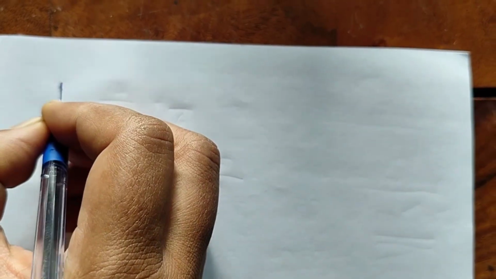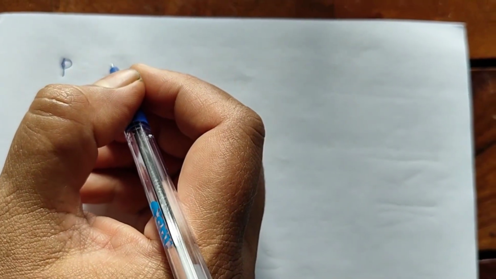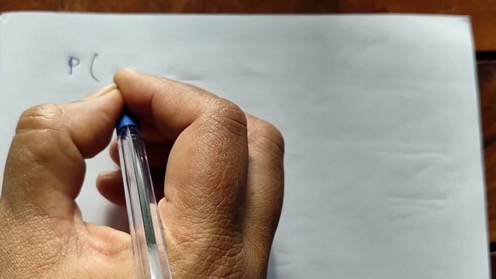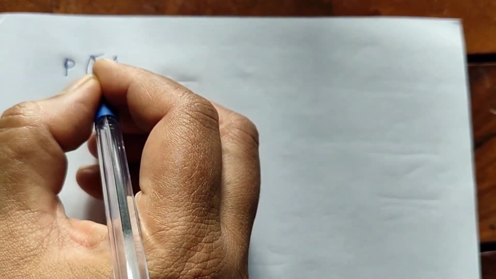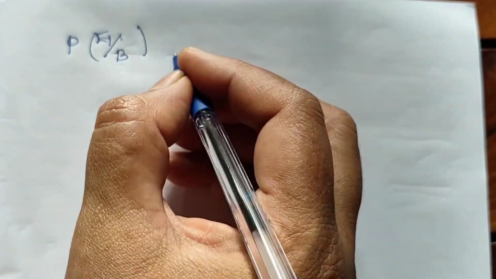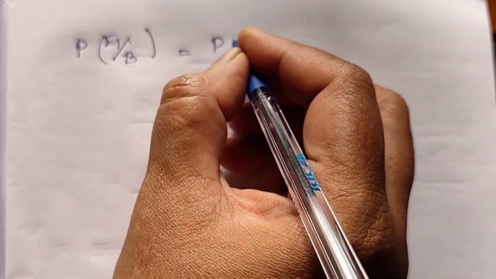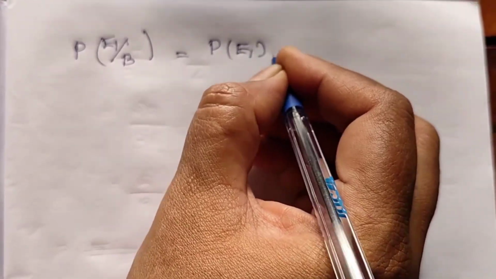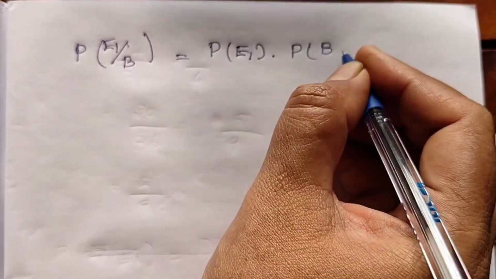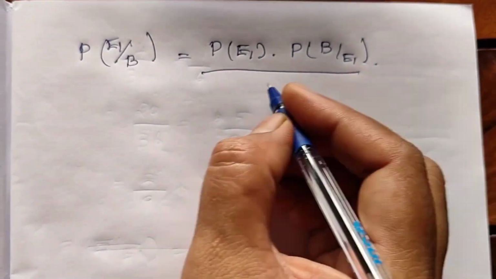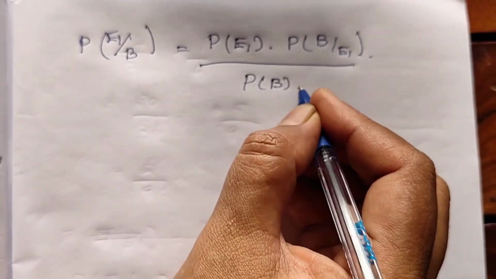Next we are going to use Bayes theorem. We have a black ball, and we have to find that it was chosen from bag A. So P of E1 by B equals P of E1 into P of B by E1, divided by P of B, the total probability we found.